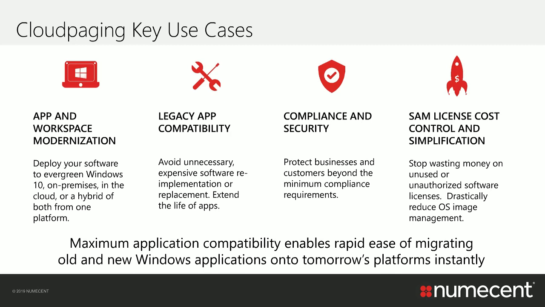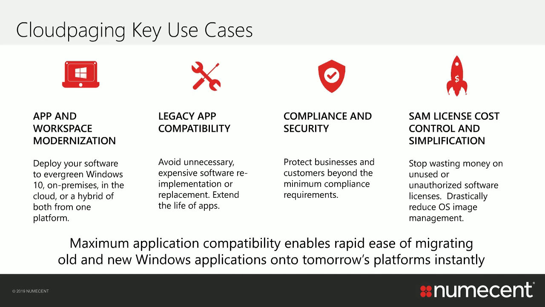So really, the key use cases that I've talked about here are the applications. Those are the workloads, modernizing them, getting them to deploy into Windows 10, especially Evergreen. A lot of that is still migration work.